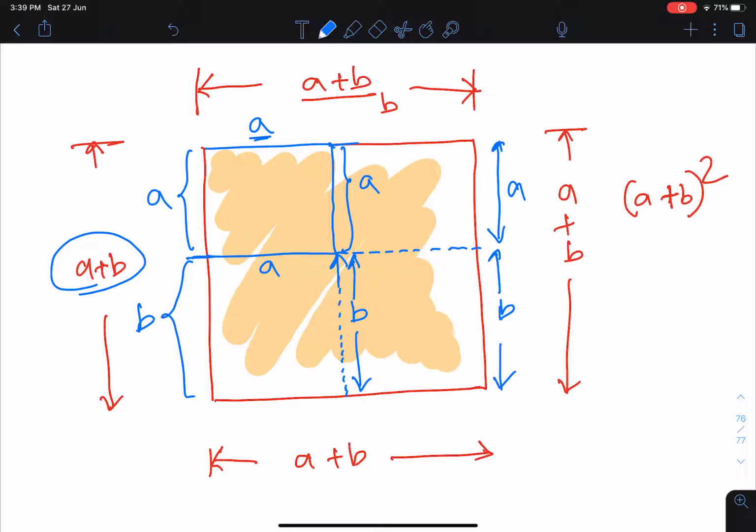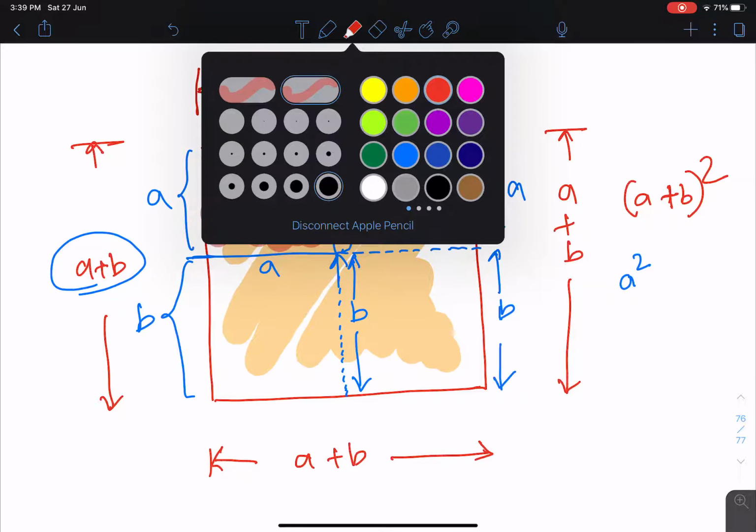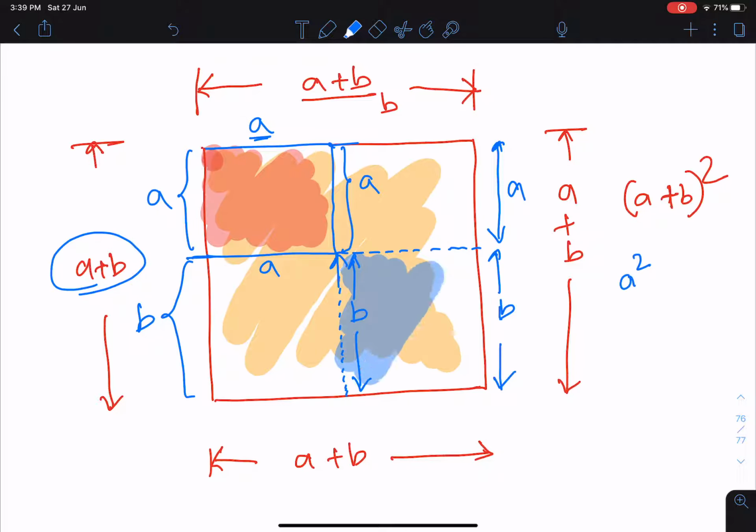Now what will be the area of this section? It will surely be a square. Now what will be the area of this section? It will surely be b square, right?